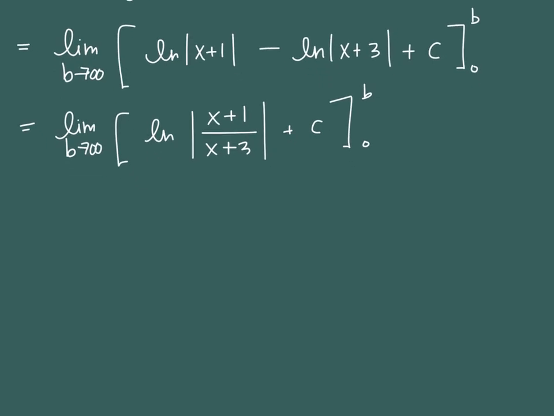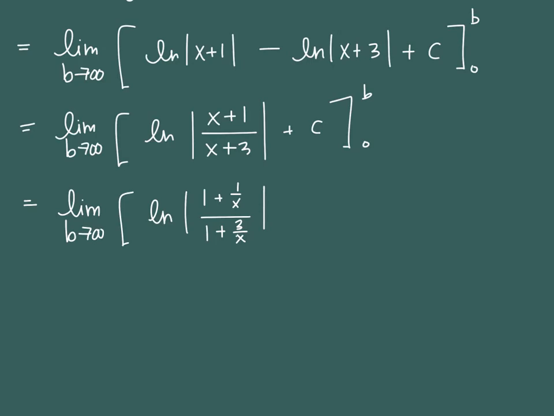Alright, what's the rule when you're taking a limit approaching infinity? Divide by the highest power of x. Alright, so the natural log of 1 plus 1 over x over 1 plus 3 over x plus c.